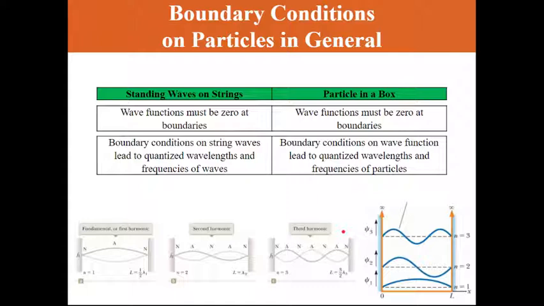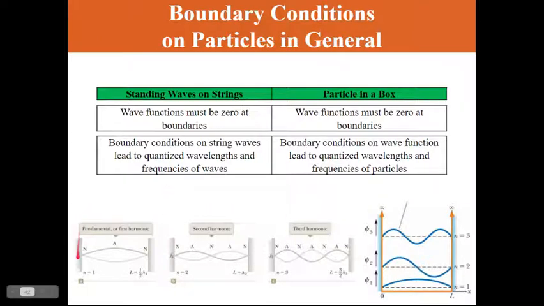So just to relate that to standing waves again, the boundary conditions for the particle in the box are similar to the standing waves on a string, where there had to be nodes, points of no displacement, no amplitude at the walls. Same thing with the wave functions in quantum mechanics.